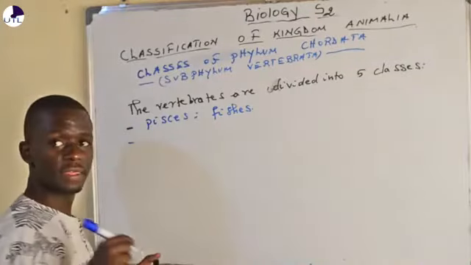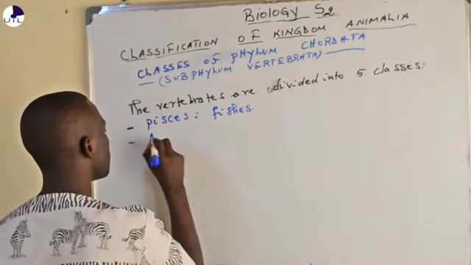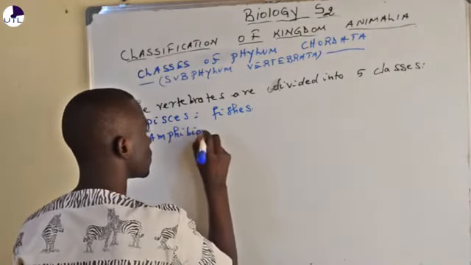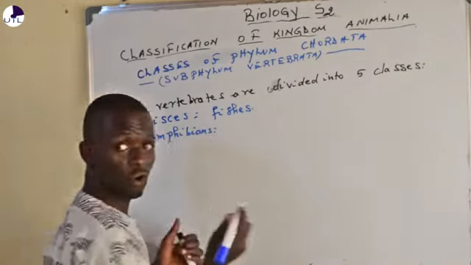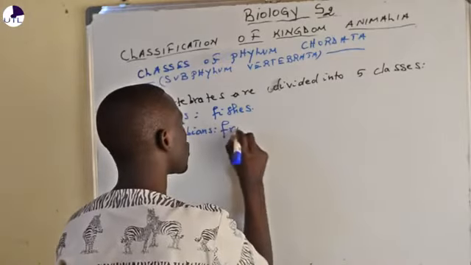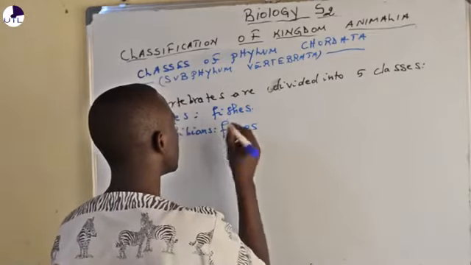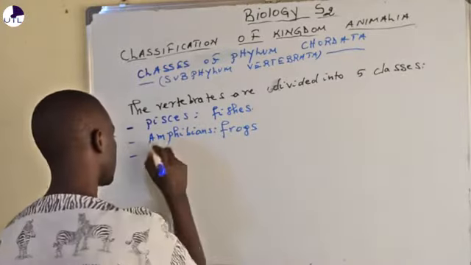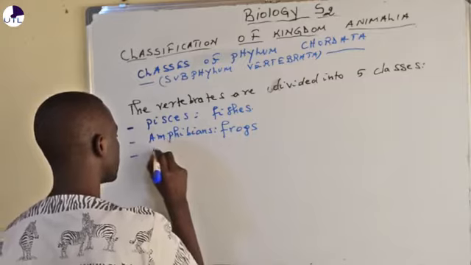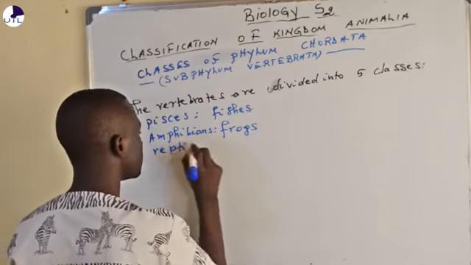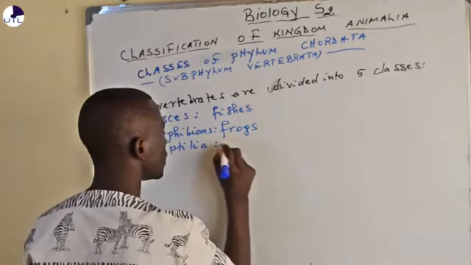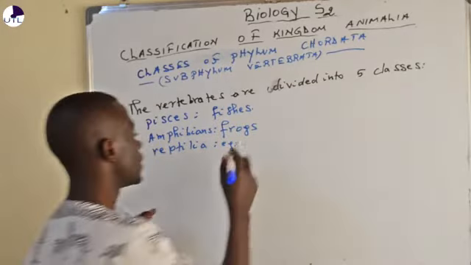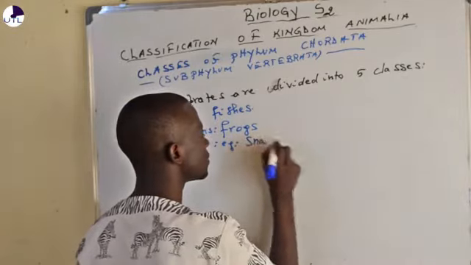We have the amphibians, like frogs, okay? Frogs, toads. These are examples. We have another class, Reptilia. We have an example like snakes.